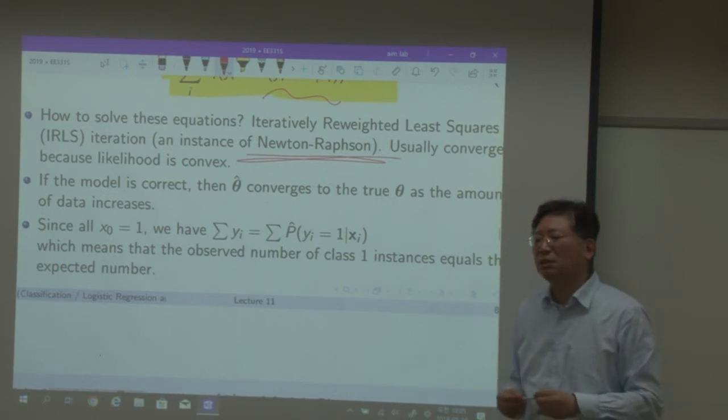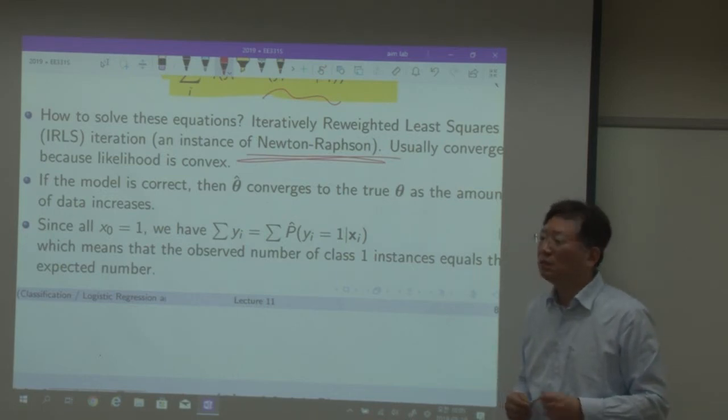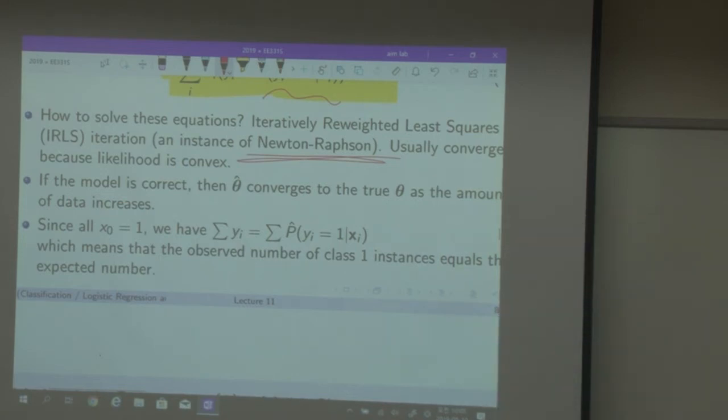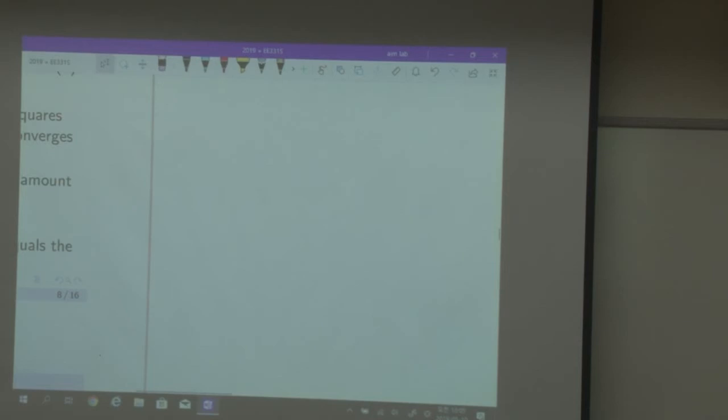What is Newton-Raphson? Have you heard of Newton-Raphson? In high school, never heard of it? Newton's method? What is this? Maybe if I give you a figure, so here it is, x, and let's say I had a function y equals f(x).